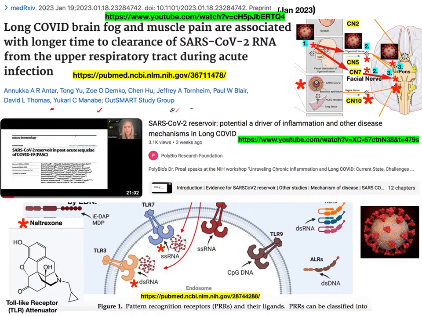So having naltrexone within endosomes is an important way to attenuate hyperinflammatory responses.